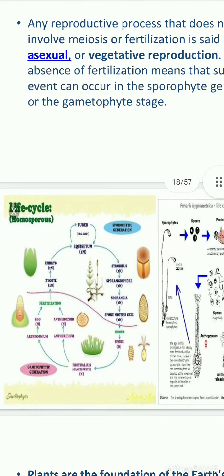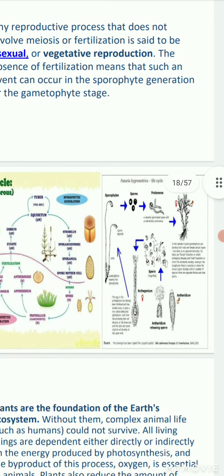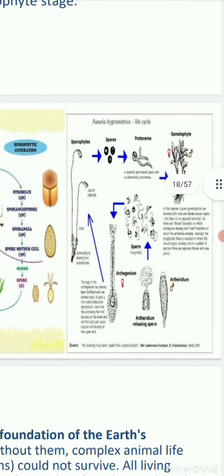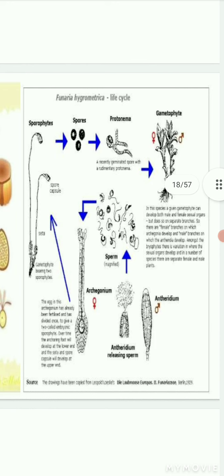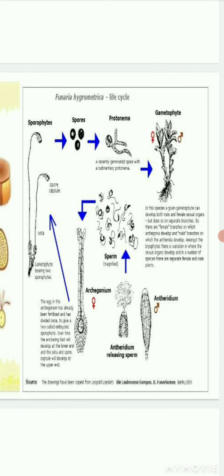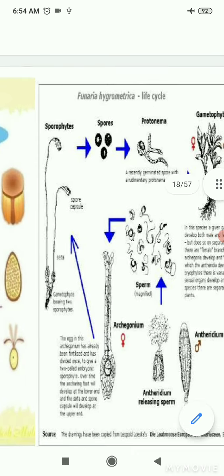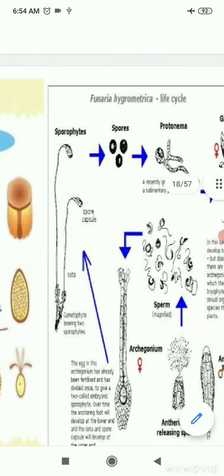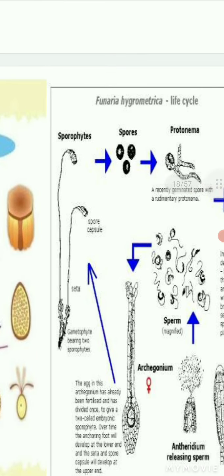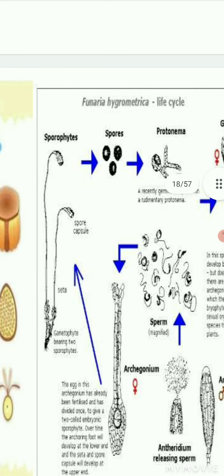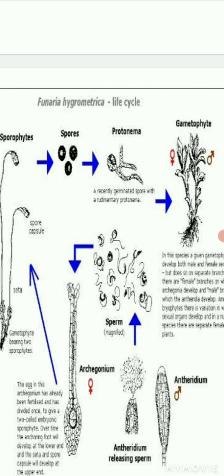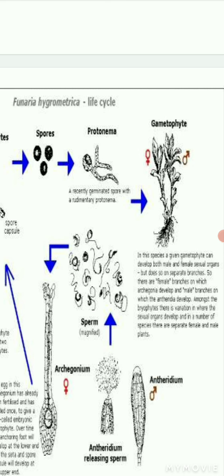And here is the second life cycle, that of Funaria. This Funaria is a sporophyte. This is the complete gametophytic plant, and the sporophyte develops spores. After that the spores germinate into a protonema. That protonema develops into a gametophyte.